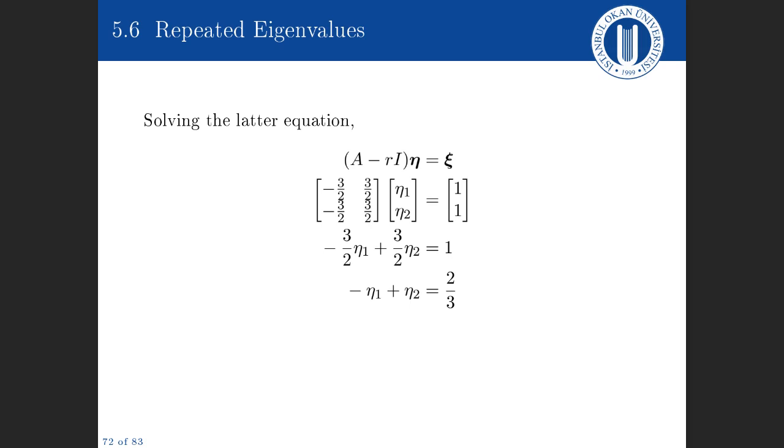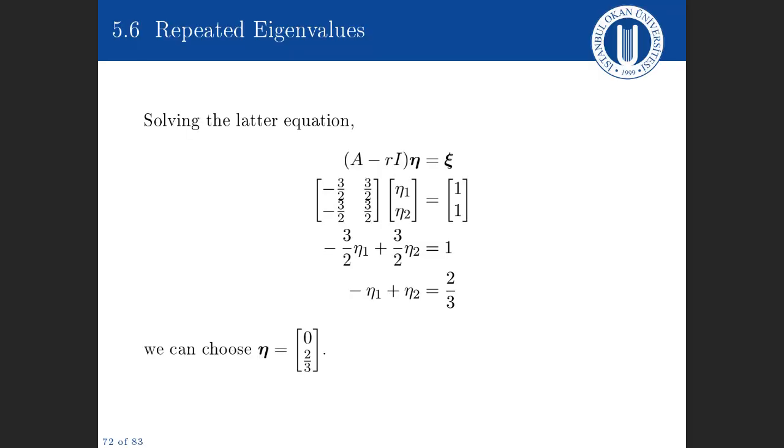We don't need to have every one, we just need one of them. So choose one of these coordinates to be 0 to make it a little bit easier, and then use this equation to find the other one. I'm choosing that the first coordinate is 0. I'm choosing eta 1 is 0. And then I can read off eta 2 is 2/3.